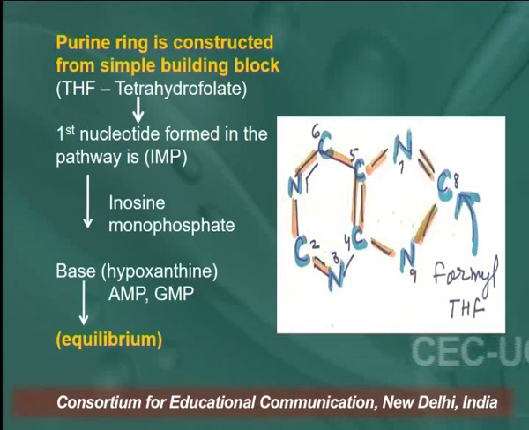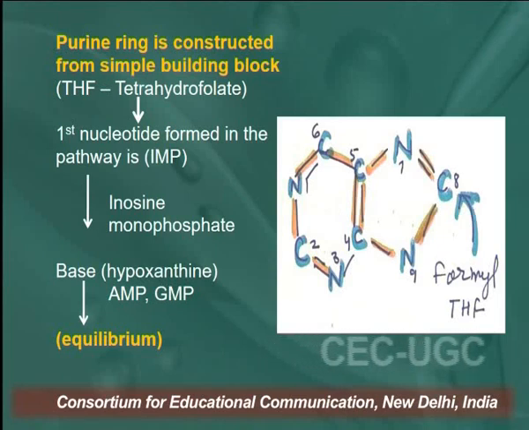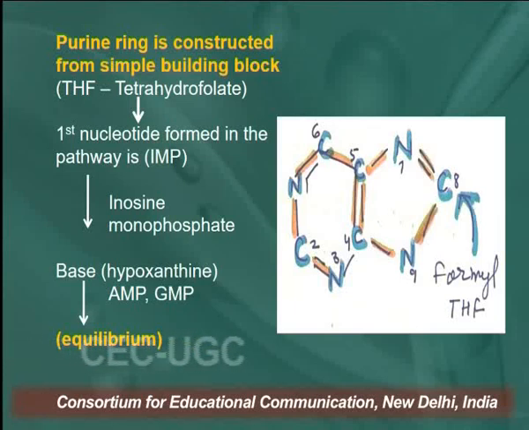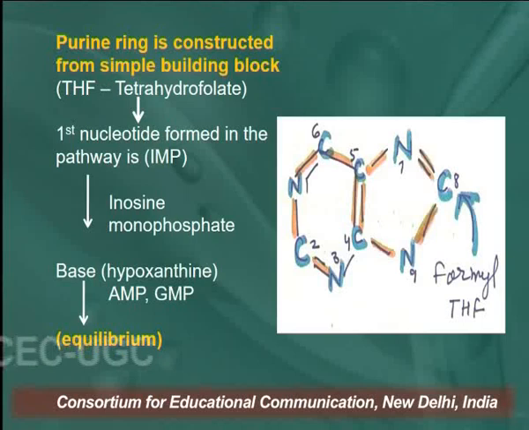It is the first nucleotide formed in the pathway, which is IMP, inosine monophosphate. So, learners, inosine monophosphate is the precursor in purine biosynthesis, and the level of this IMP is controlled by the guanine and adenine nucleotides. These, AMP and GMP, are present in equilibrium.